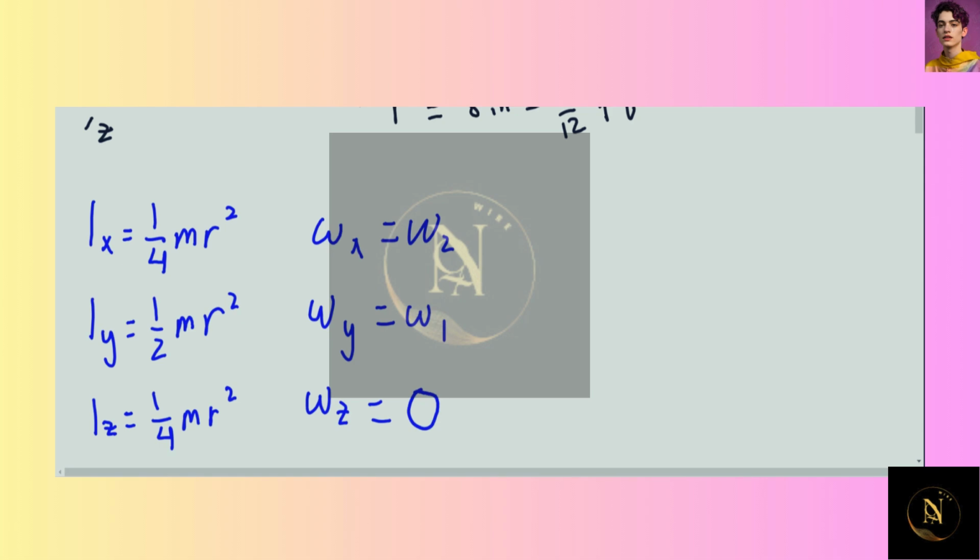Now for the components of the angular momentum, we'll start with the x component. This is equal to the moment of inertia in the x direction times the angular velocity in the x direction, and we can also write this in terms of their given expressions.